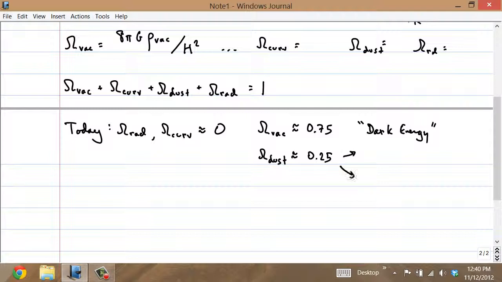And this normal matter falls into two parts. So there's the usual stuff, by which I mean stars, galaxies, planets, and so forth. And then there's so-called dark matter.